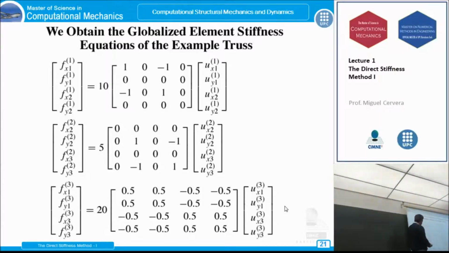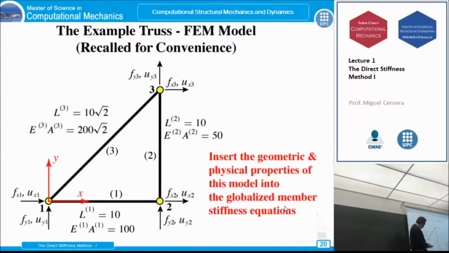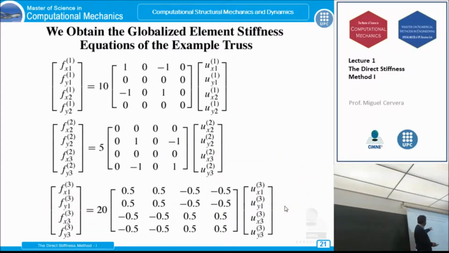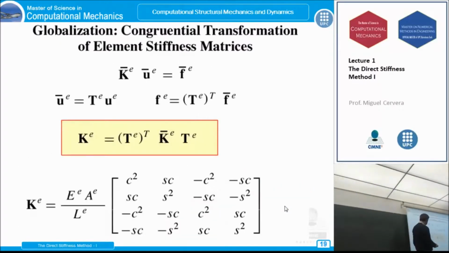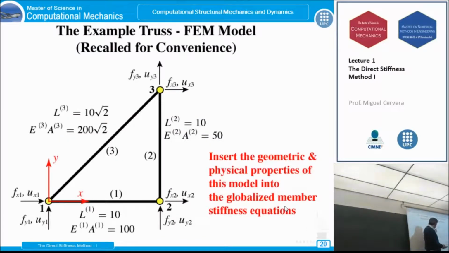Okay? Now, because this bar is horizontal, the transformation angle is 0. So this matrix looks exactly like the one we showed before. This bar is vertical, so the rotation angle is 90 degrees.